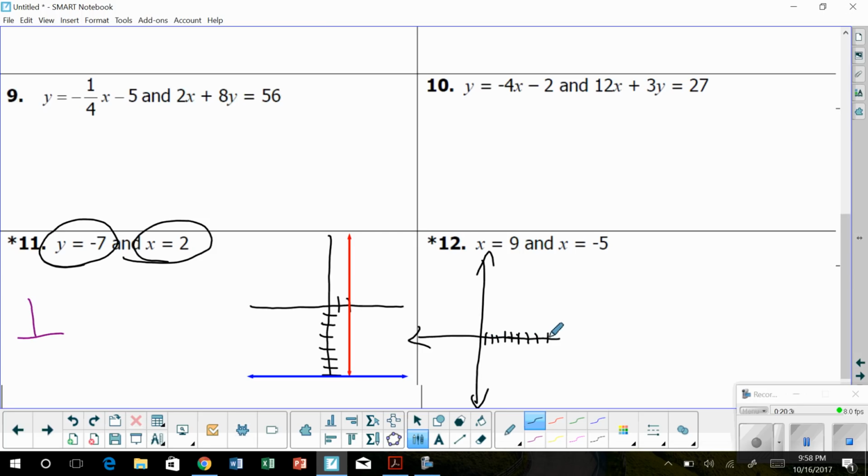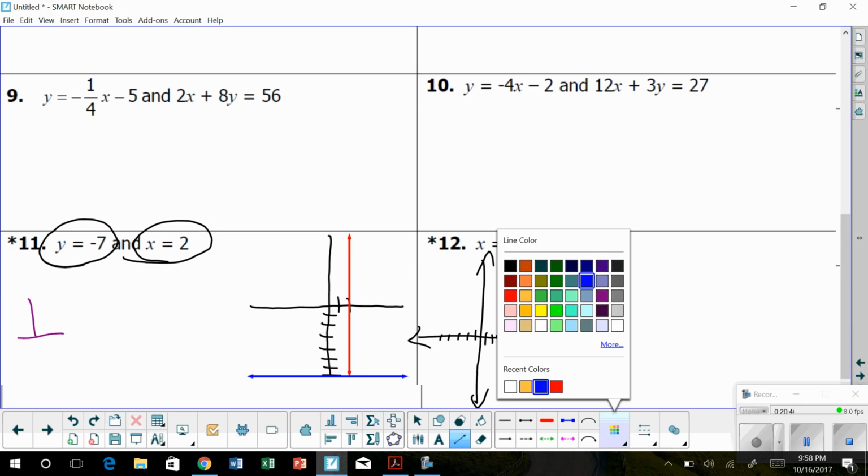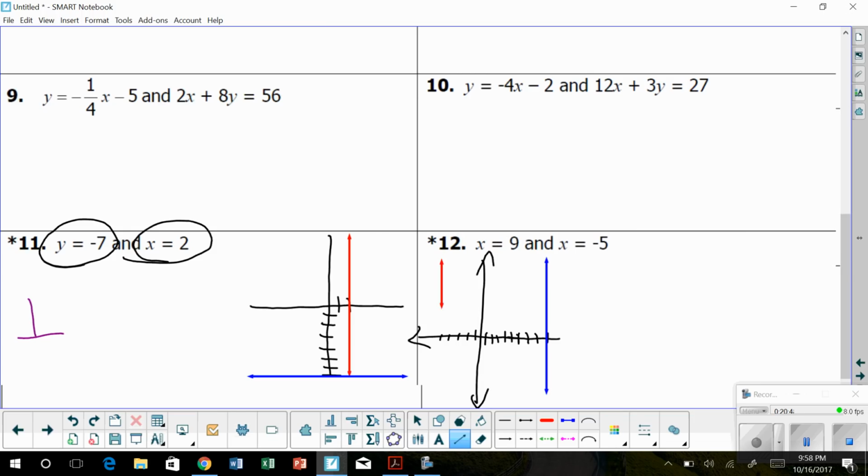And then 1, 2, 3, 4, 5. So here we go. X equals 9. And then x equals -5. Those are what? Perpendicular. No. Parallel.